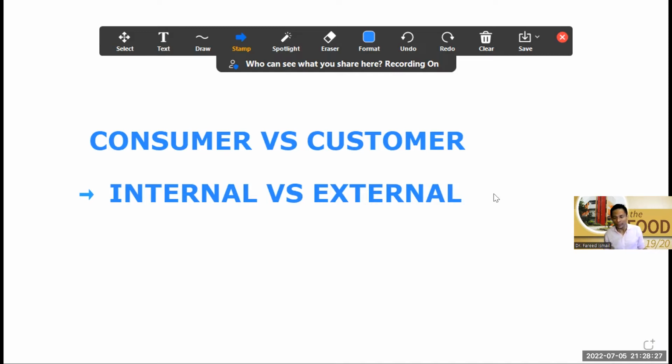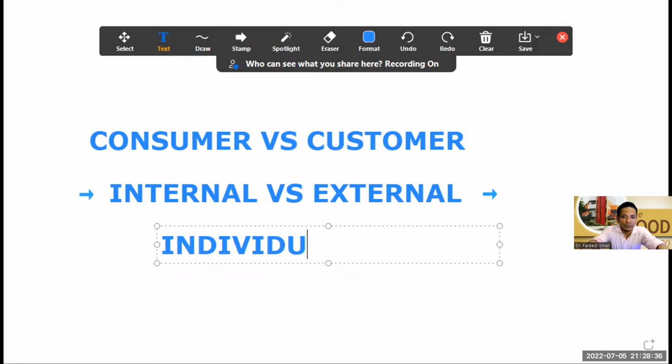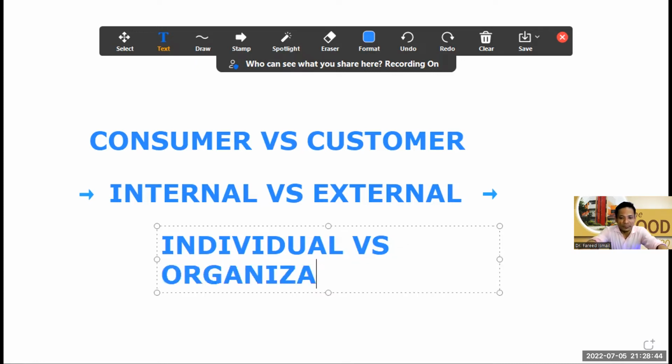And another term that I would like to introduce is what you call individual versus organizational.